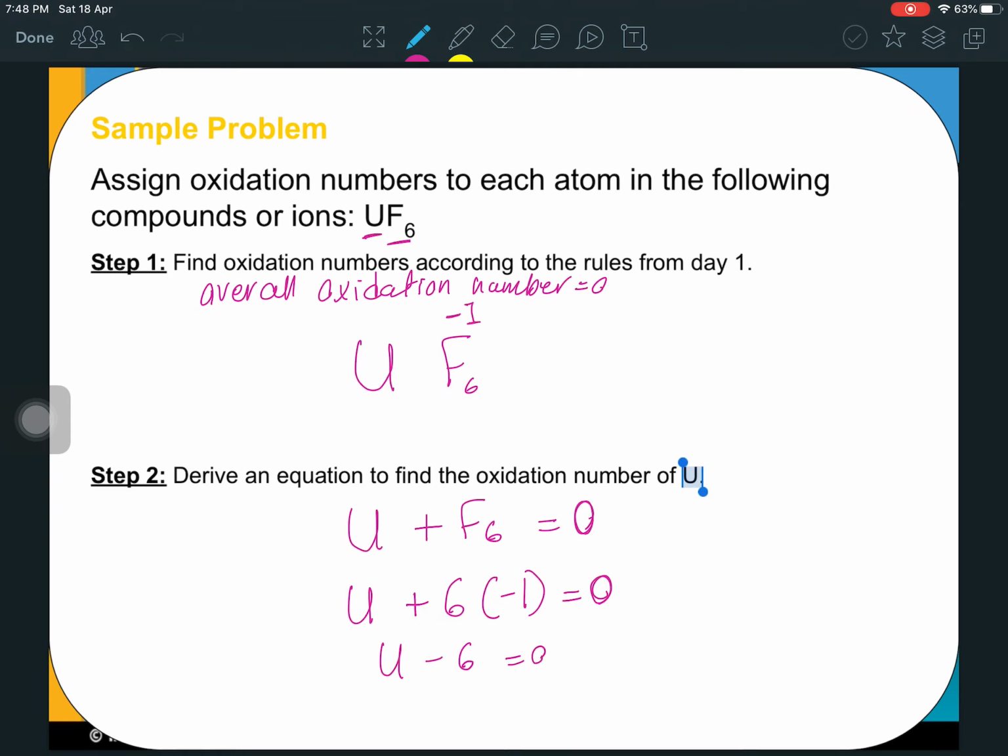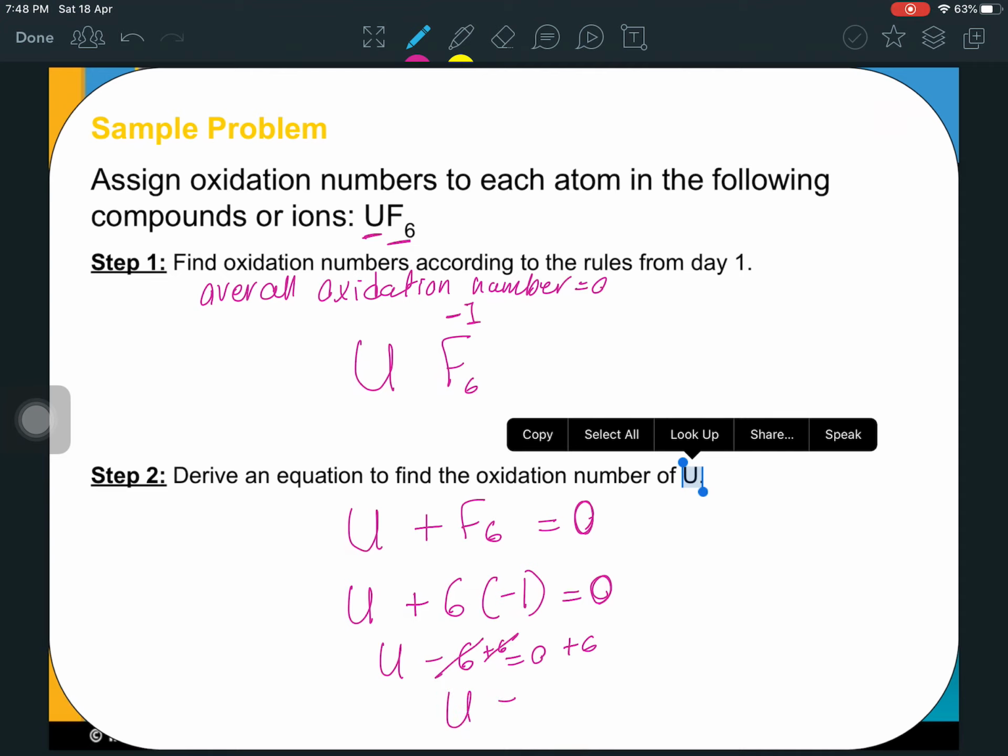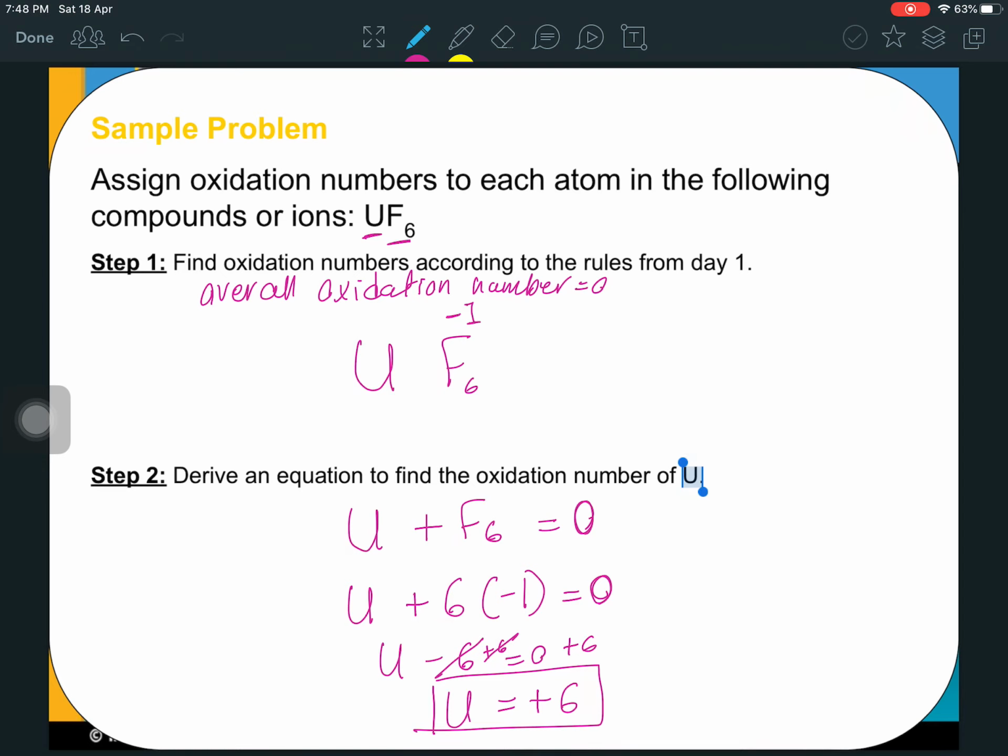And to help arrange this, I'm sure some of you can just automatically do this, but if I add a 6 here and a 6 here, this 6 will cancel out this one, and you'll get U equals +6. Okay? So now I found that the oxidation state of fluorine is -1, and that was a given one. It was automatic, it came from the rules. And the oxidation state of uranium I found to be +6 by using all of this.